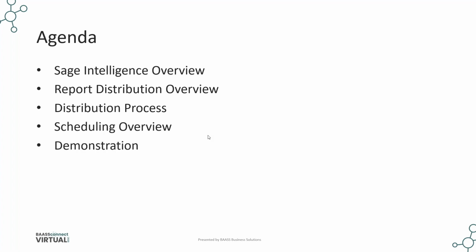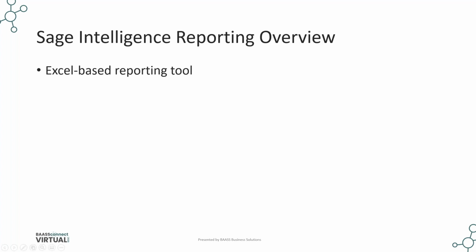And then we'll go into a demonstration on how to set up the automatic distribution and scheduling. And then in the end, we'll have a Q&A session for any questions. Now let's get this started.